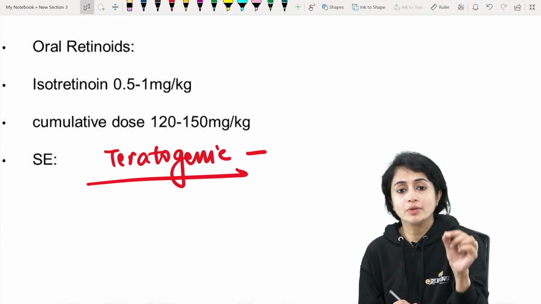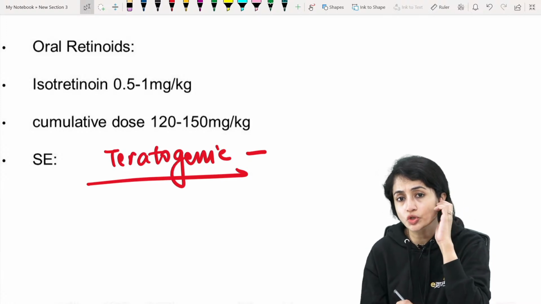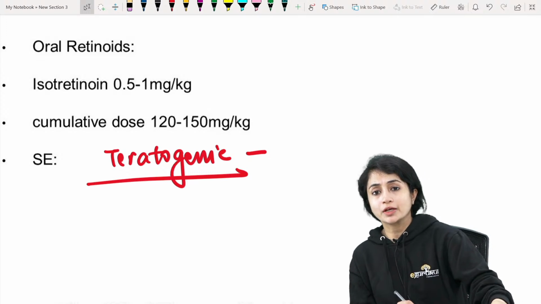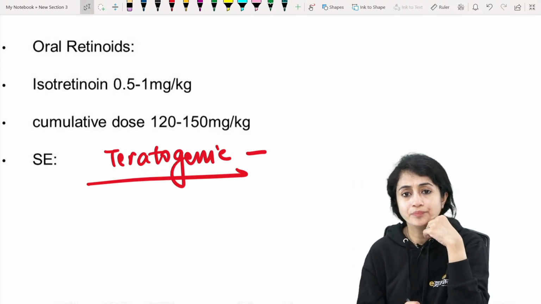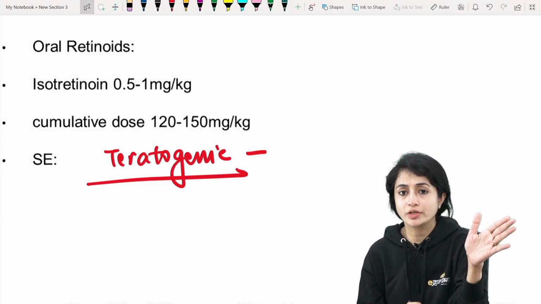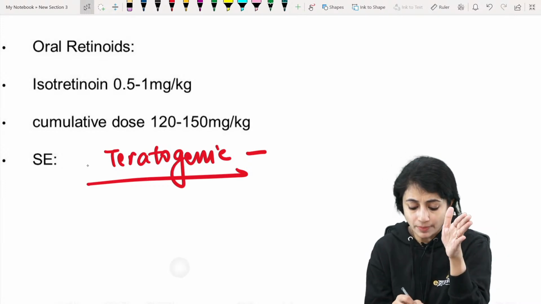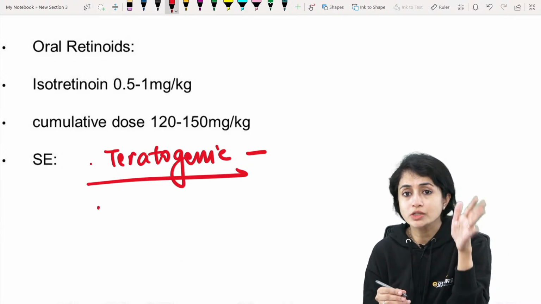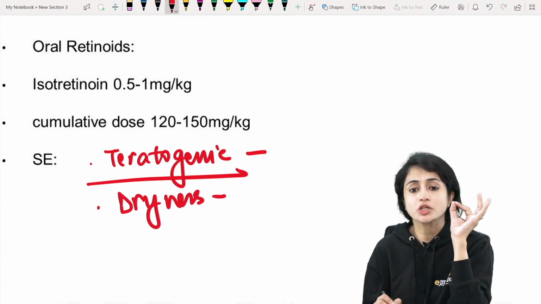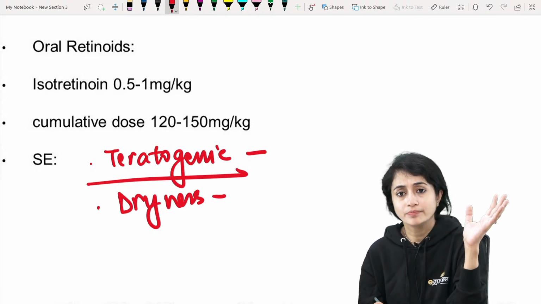If you're prescribing oral retinoids to a woman of childbearing age group, you have to ensure contraception. You have to tell them to use an effective contraceptive therapy. And if a patient wants to conceive, you will not give oral retinoid. This is the most important side effect that you should be knowing about. Apart from that, oral retinoids can give rise to a lot of dryness. So there can be chapping of lips, there can be dryness of the eyes, any of this can occur.